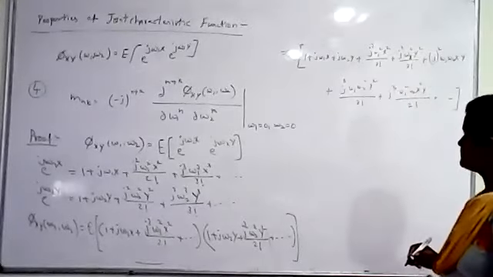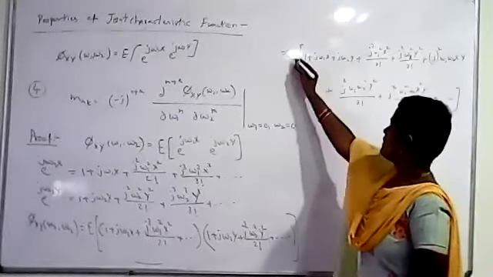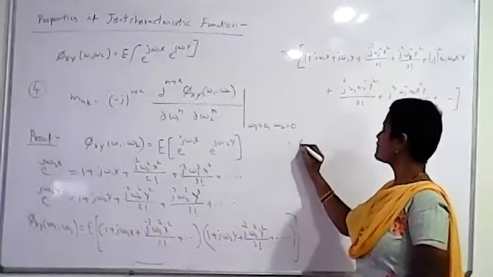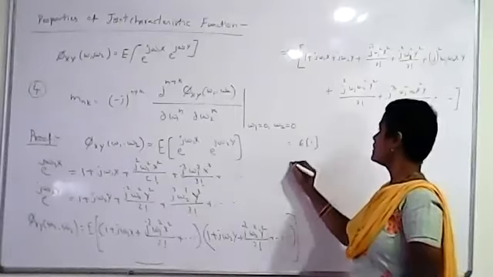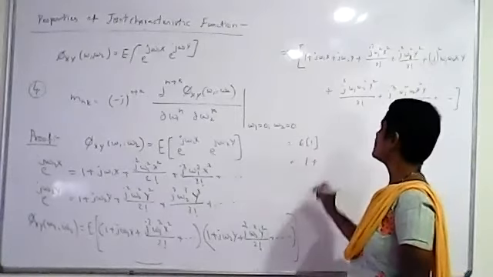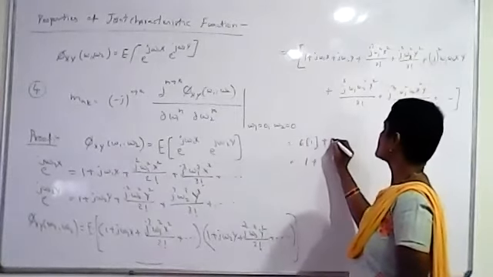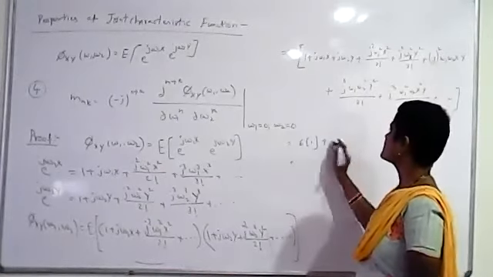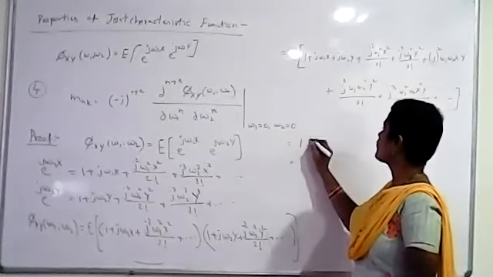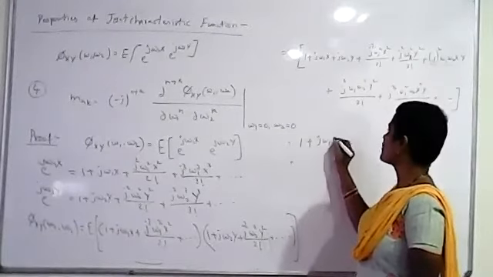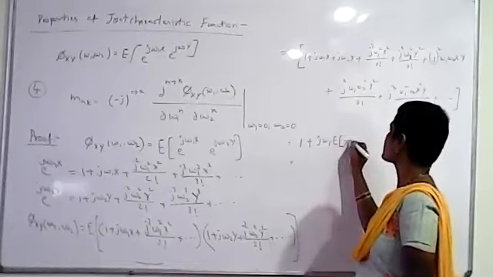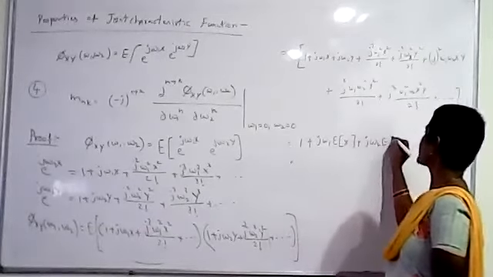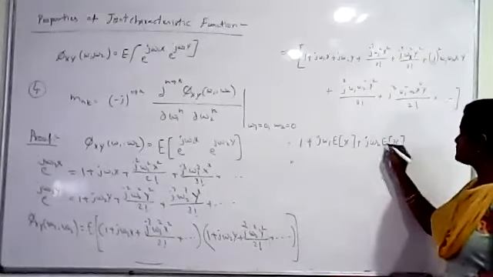Now apply expected value to all these terms. This can be written as the expected value of 1, which will be 1 only, plus j omega 1 is constant, so we apply expected value to x only, plus j omega 2 is constant, expected value is applied to y.